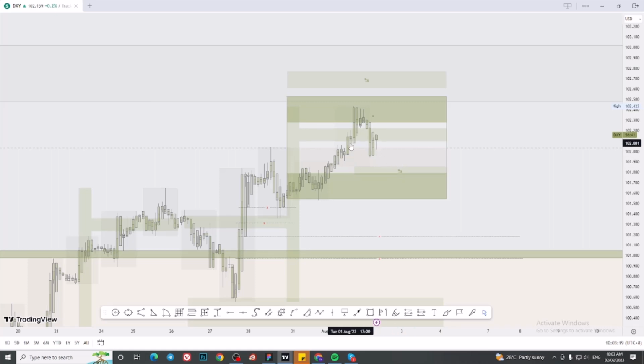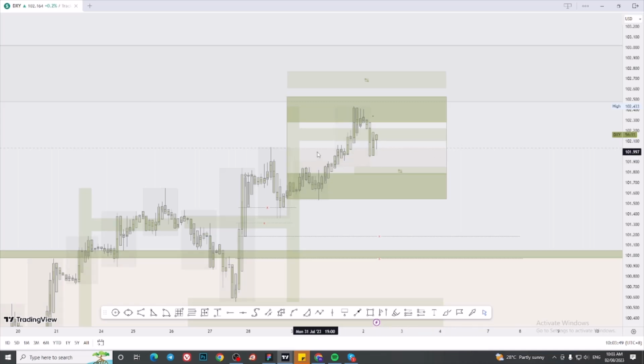If it reacts from here, then automatically your EUR USD will also make a move or reversal on this one. So if DXY will fly, EUR USD will dump. This is the other side of the movement, so don't forget that one.